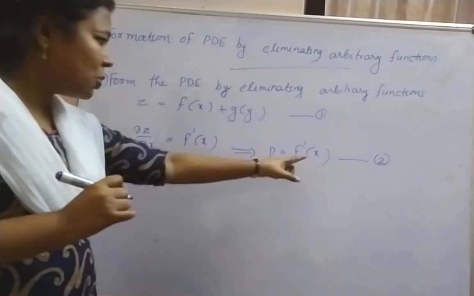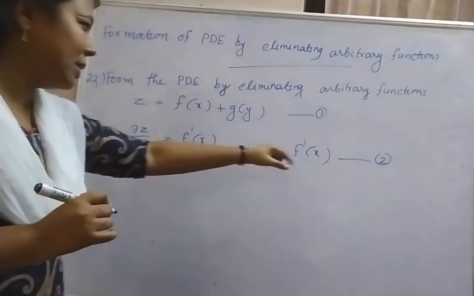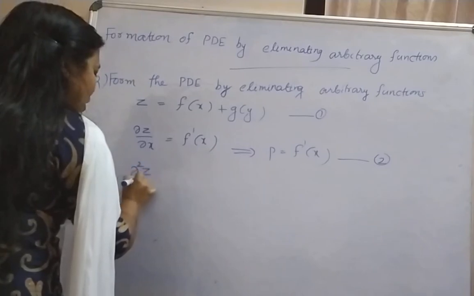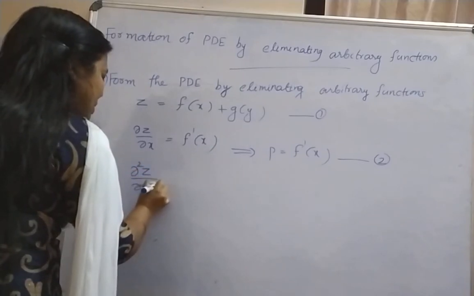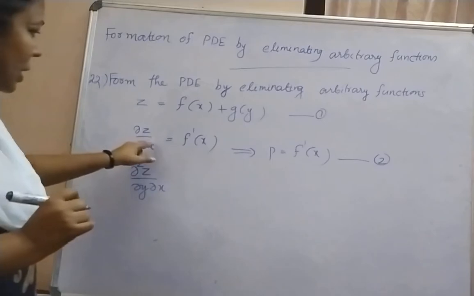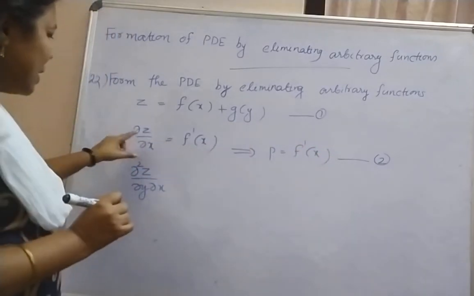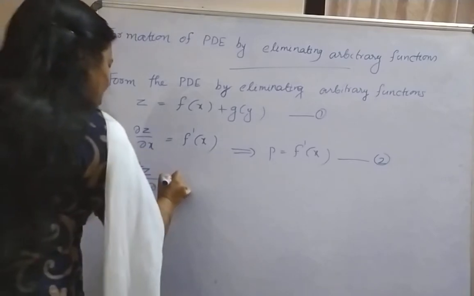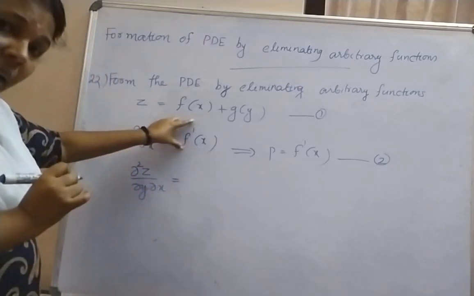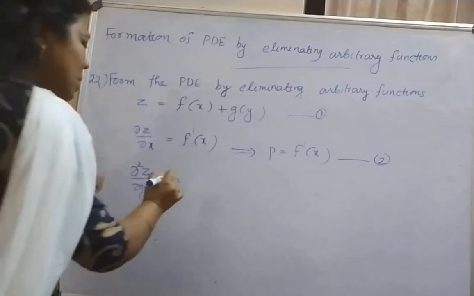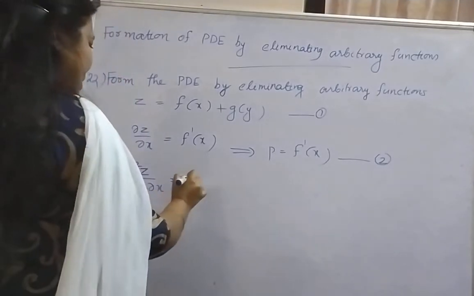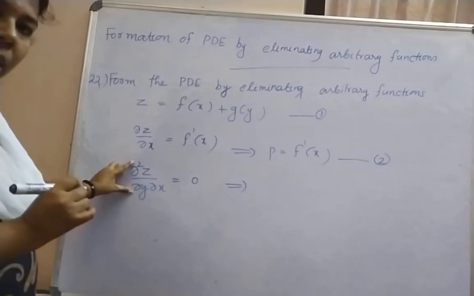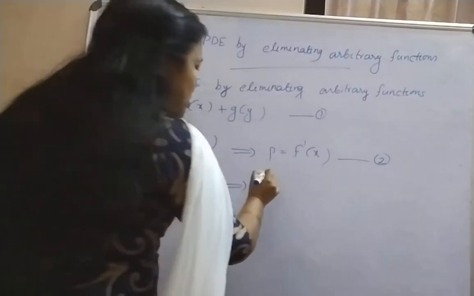Partially differentiating equation number 2 with respect to y, we get dou square z by dou x dou y equal to the partial derivative of f dash x with respect to y, which is 0. That is, dou square z by dou x dou y will be s equal to 0.